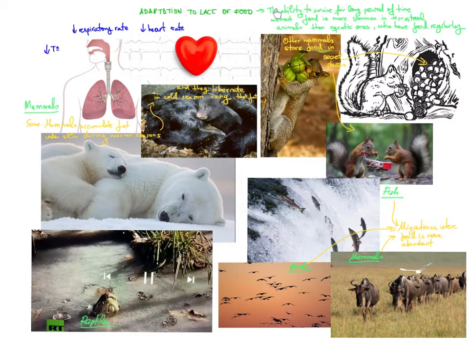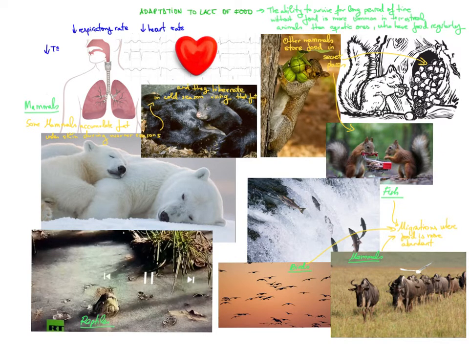Okay, the ability to survive for a long period of time without food is more common in terrestrial animals than aquatic ones. Why? Because we find more food regularly in terrestrial environments than aquatic ones.